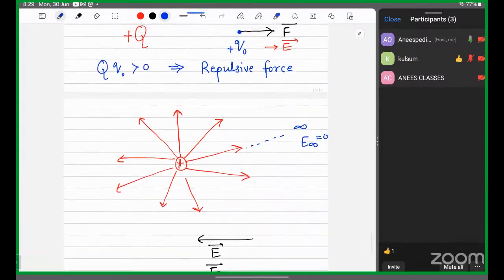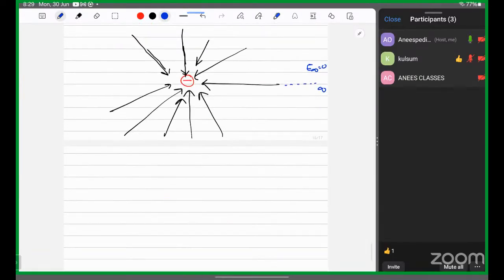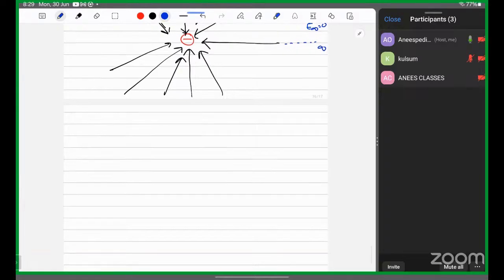Okay, so now we can define electric field E at a point P due to a charge capital Q with positive polarity or negative polarity, doesn't matter, magnitude will be same. So how to define it?